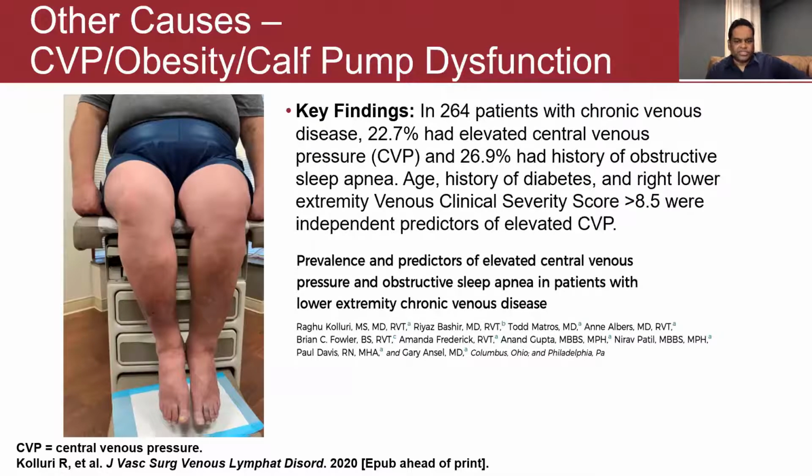Here is a study where we found that in patients presenting to our institution with chronic venous disease, a fourth of them had central venous pressure elevation, and another fourth had documented obstructive sleep apnea.